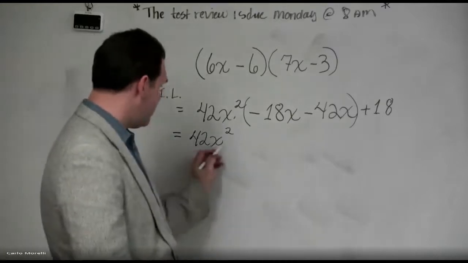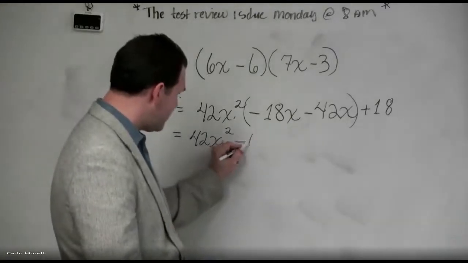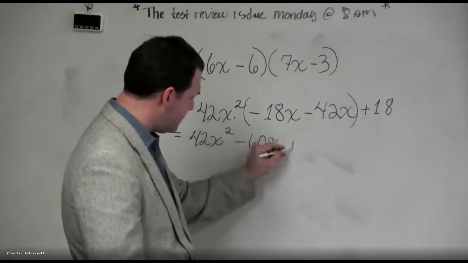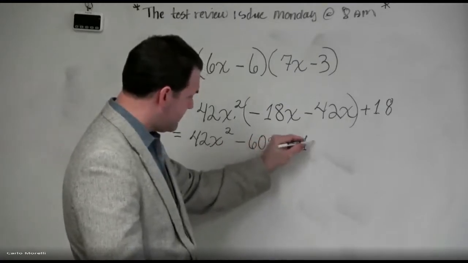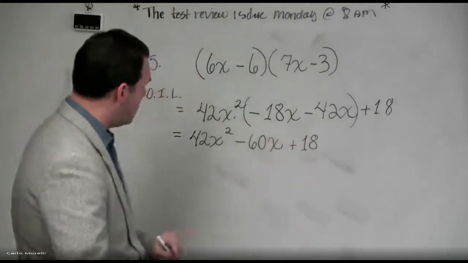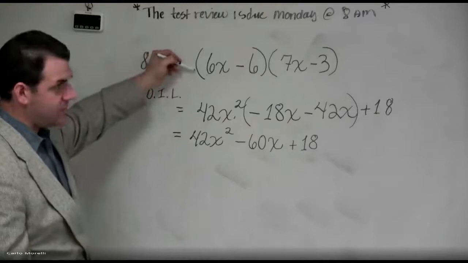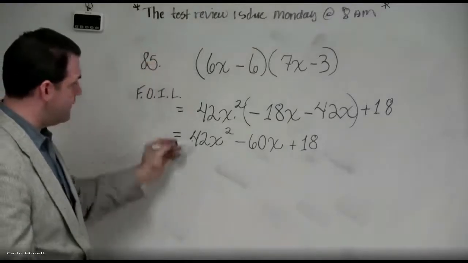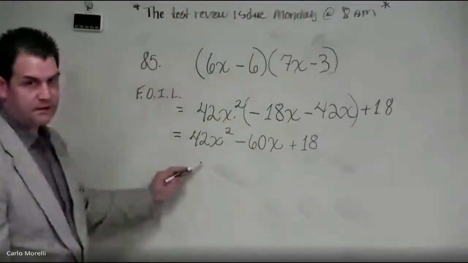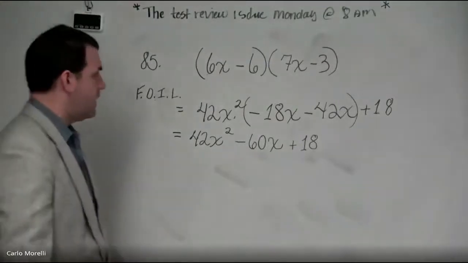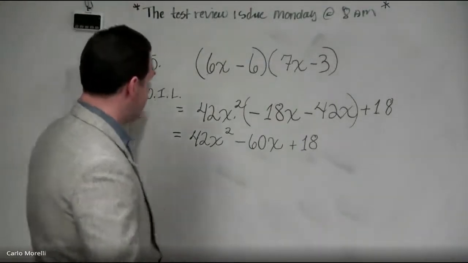So it's 42x squared minus 60x plus 18. What you did, just so you know what you did, you went from the factored form of a quadratic to the standard form of a quadratic. Good. All right, that was number 85.